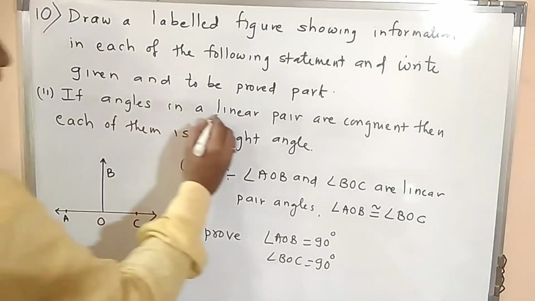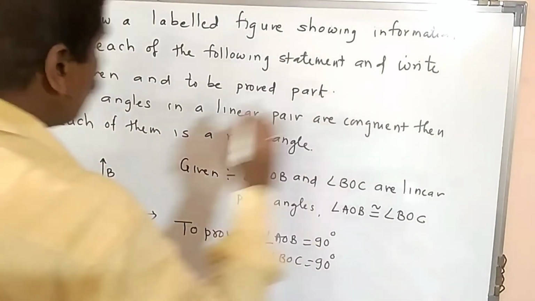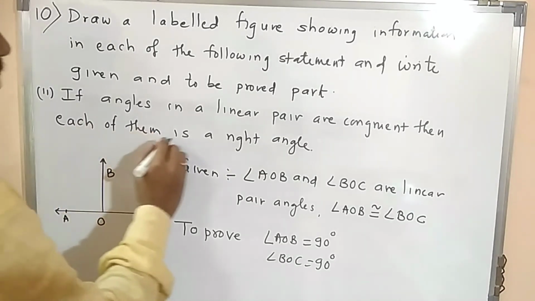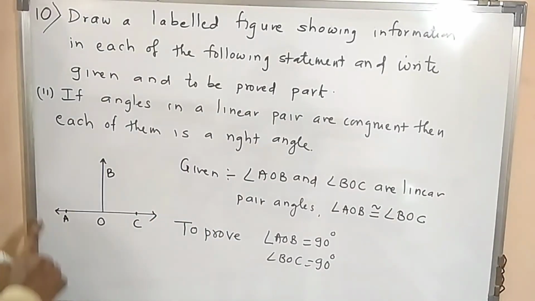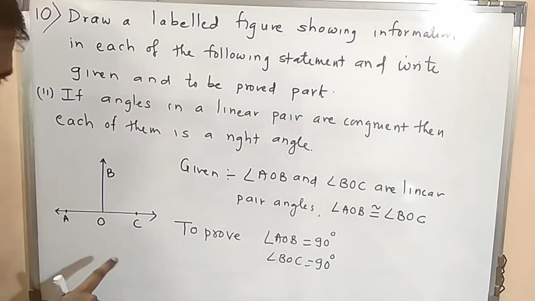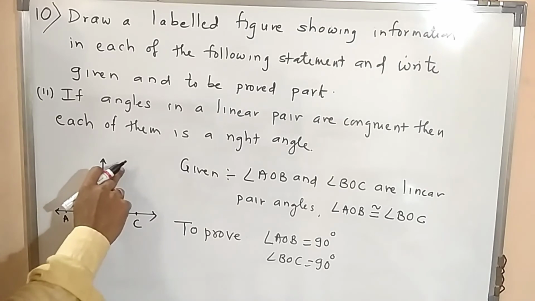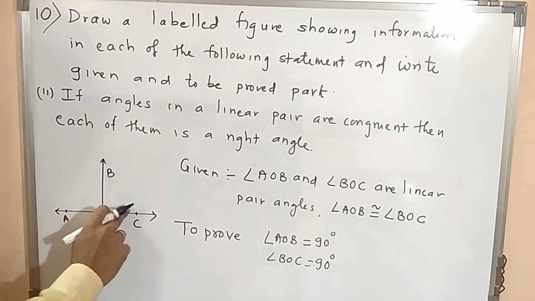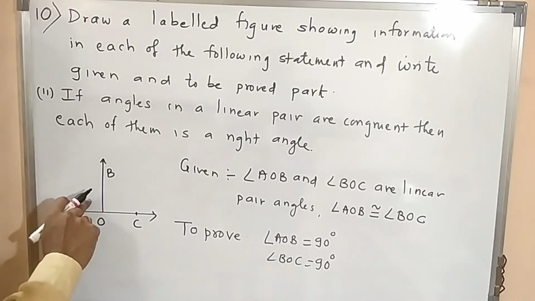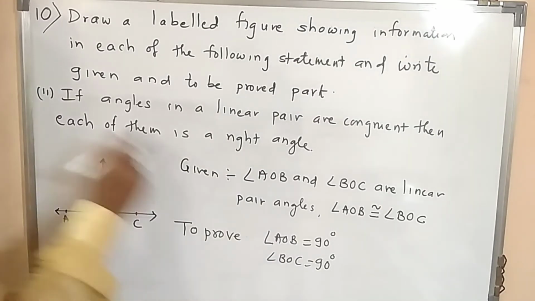If angles in a linear pair are congruent, then each of them is a right angle. So linear pair angles are given which are congruent. Here I have taken angle AOB and angle BOC, they are a linear pair, and one more thing is given, they are congruent. So what is given part?